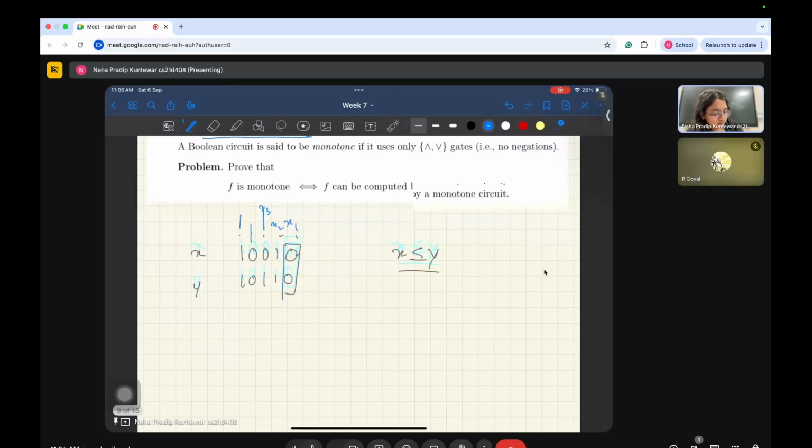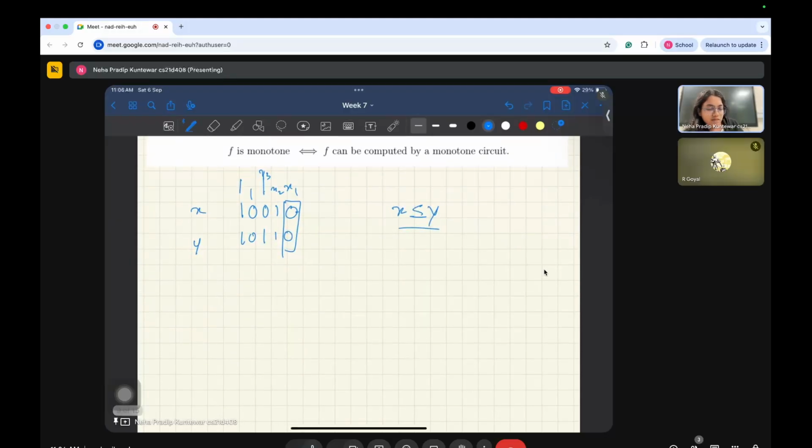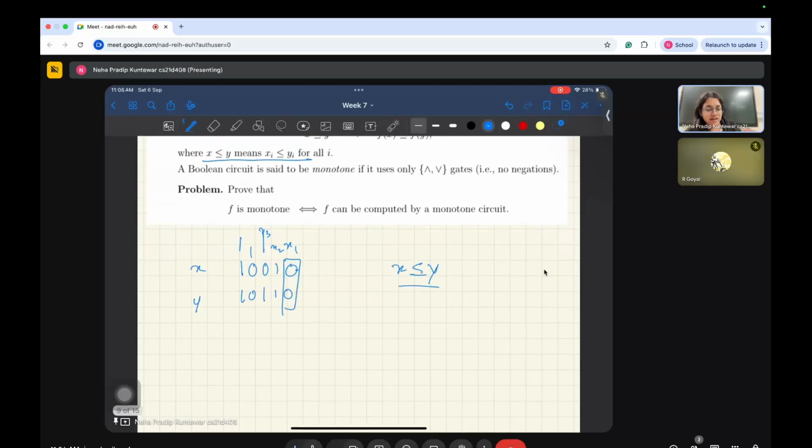In any other case, there could be cases that are not comparable. For example, 01 is not comparable with 10 because there is one column where x is greater than y, but there is also one column where the other way around happens.